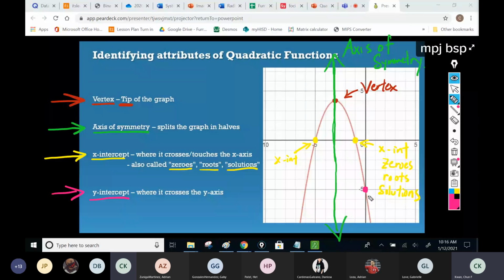So on this graph, it will be right here. This is the y-intercept, where it crosses the y-axis. And the good thing is there are no other nicknames for it. It's just y-intercept. So unlike the x-intercept, the y-intercept has no other terms. So that's good.